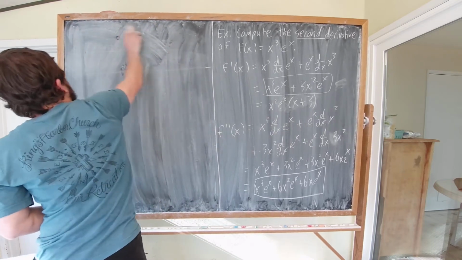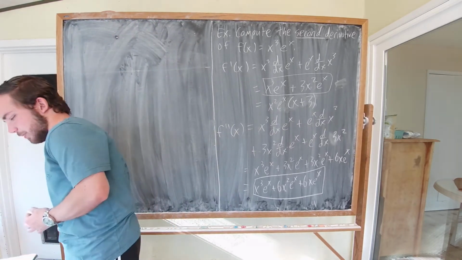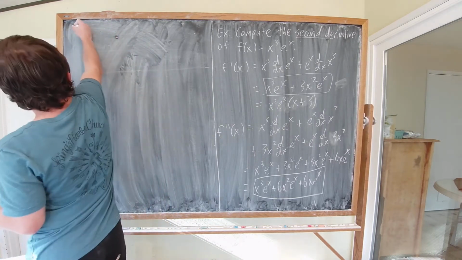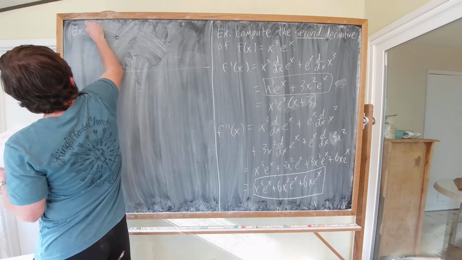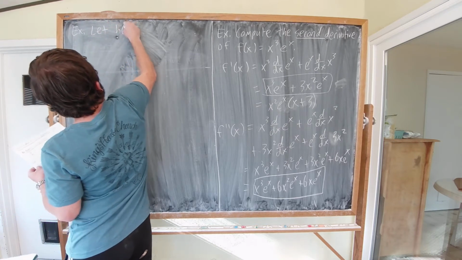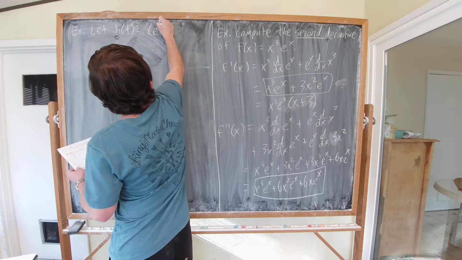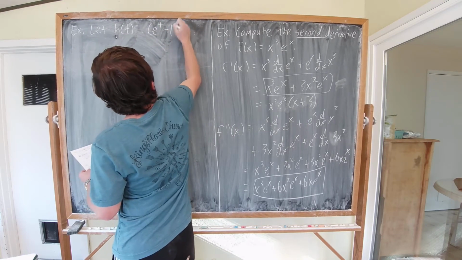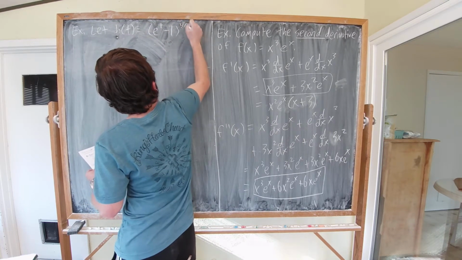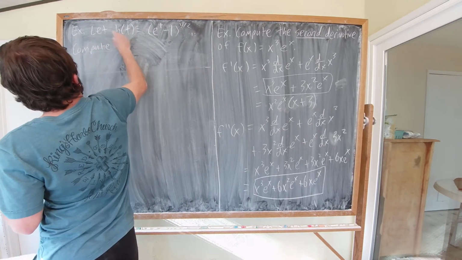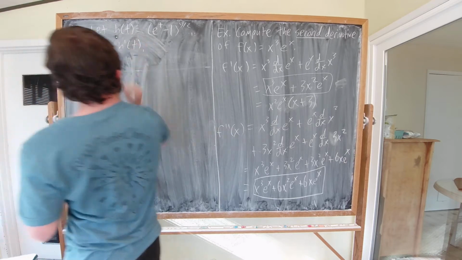Let's do another example using just the plain exponential function. Let h of t equal e to the t minus 1, to the 5 halves power, and we want to compute h prime of t.